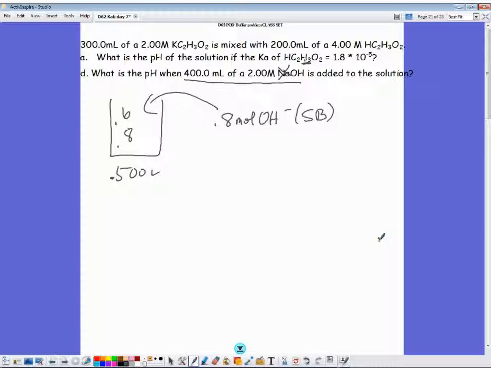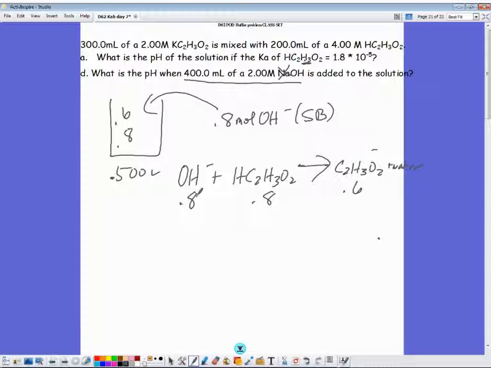Same scenario like up in C, you're going to say OH minus plus the acid yields C2H3O2 minus and some water. Now, you have 0.6, 0.8, and you're putting in this time 0.8.